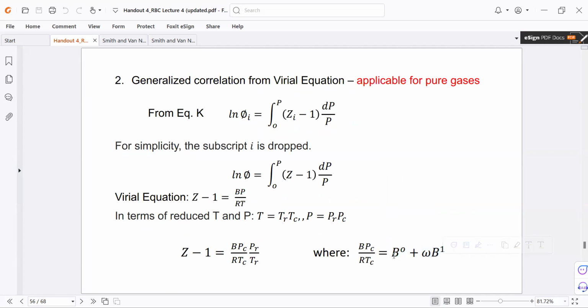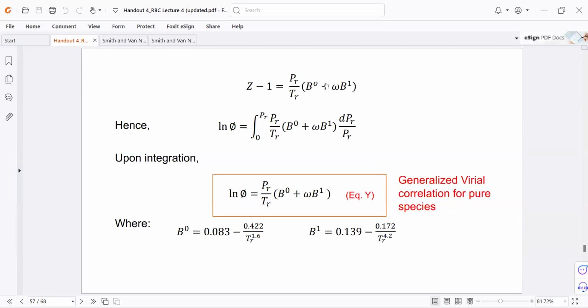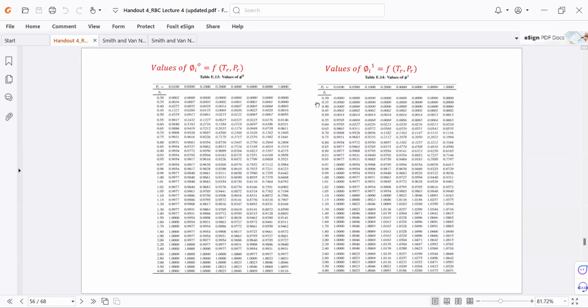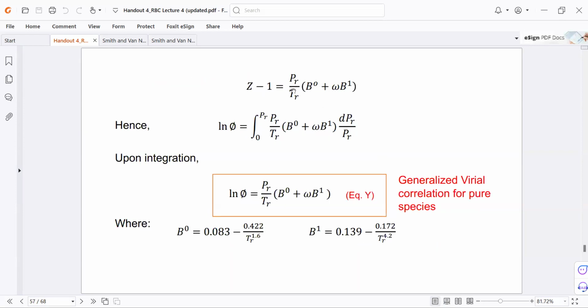So I hope you still remember your equations from the generalized virial equation. Okay, so now we can get an expression for phi with the reduced pressure, temperature, and also the virial equation constants, B0 and B1.